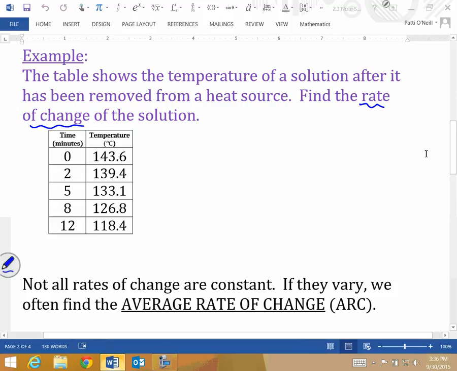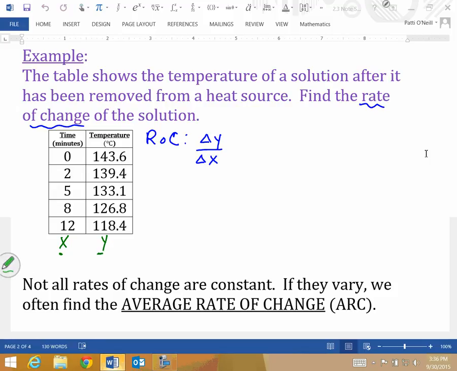So we defined rate of change as, remember, the change in y over the change in x, or the change in the dependent variable over the change in the independent variable. So if you remember correctly, this is our x column and this is our y column. Our left-hand column is the independent variable and the right-hand column is the dependent variable.